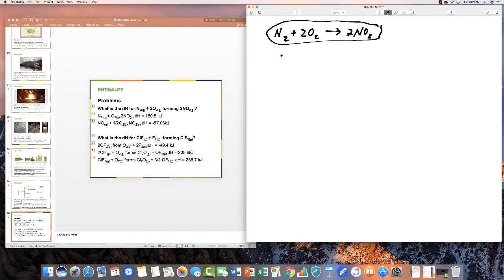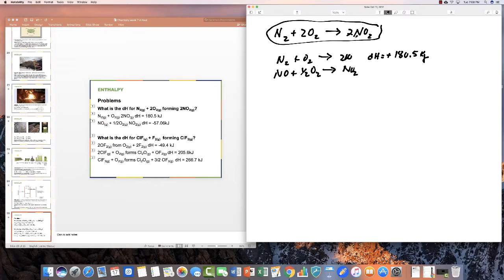First of all, we know that N2 plus O2 goes to form 2NO, and that has a DH of plus 180.5 kilojoules. And we also know that NO plus 1/2 O2 goes to form NO2.